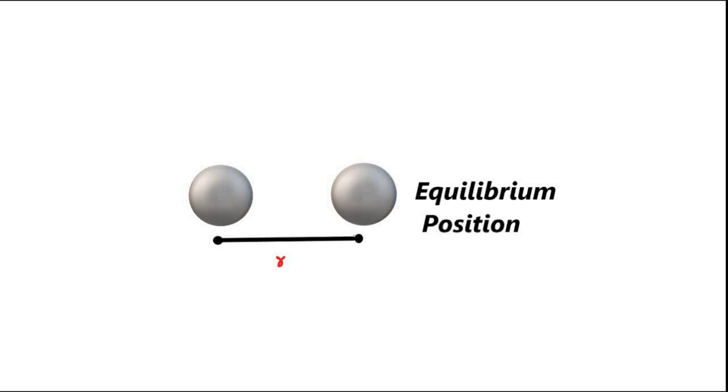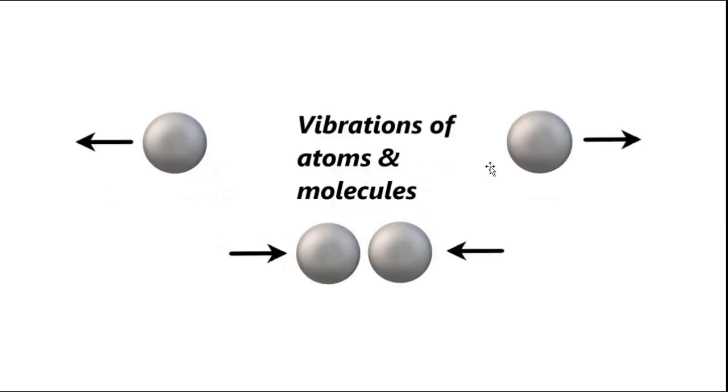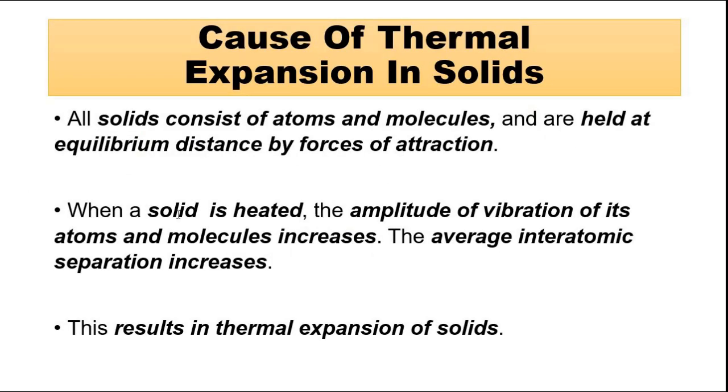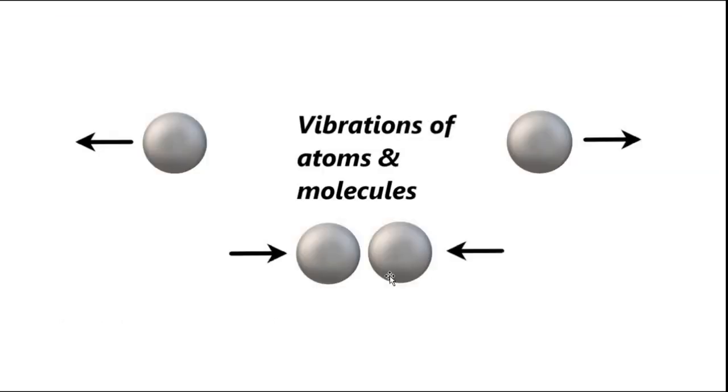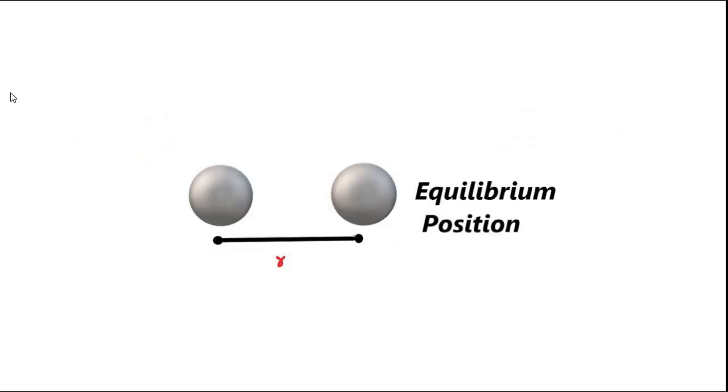Now when it is subjected to heat, these atoms or molecules start vibrating or oscillating about their equilibrium position. They go away and then they move towards each other. As a result of these oscillations, these vibrations on heating, the intermolecular or interatomic separation starts to increase.